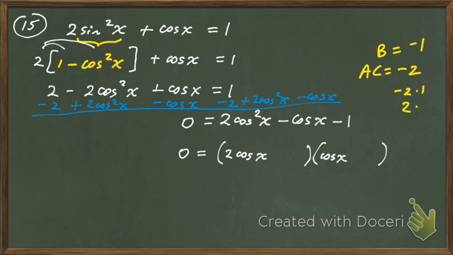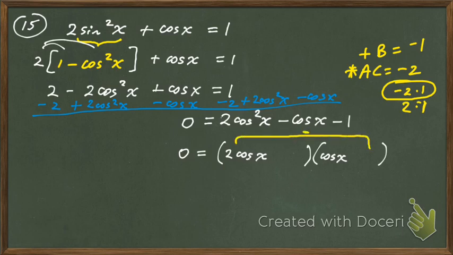There's only 2 things that multiply to -2. One of them is going to add to -1. Which of these adds to -1? Those 2, right? -2 plus 1. Does 2 here go into one of those values? 2 goes into the -2, and I put the 1 here.